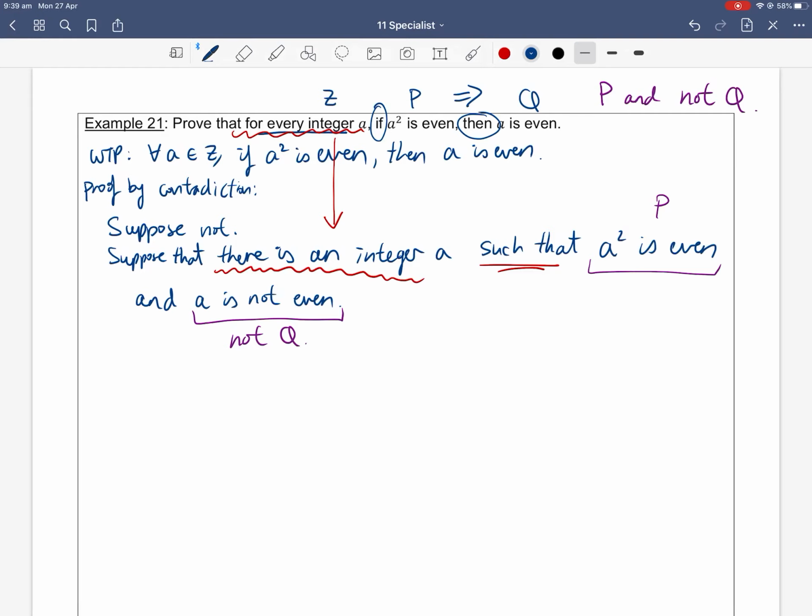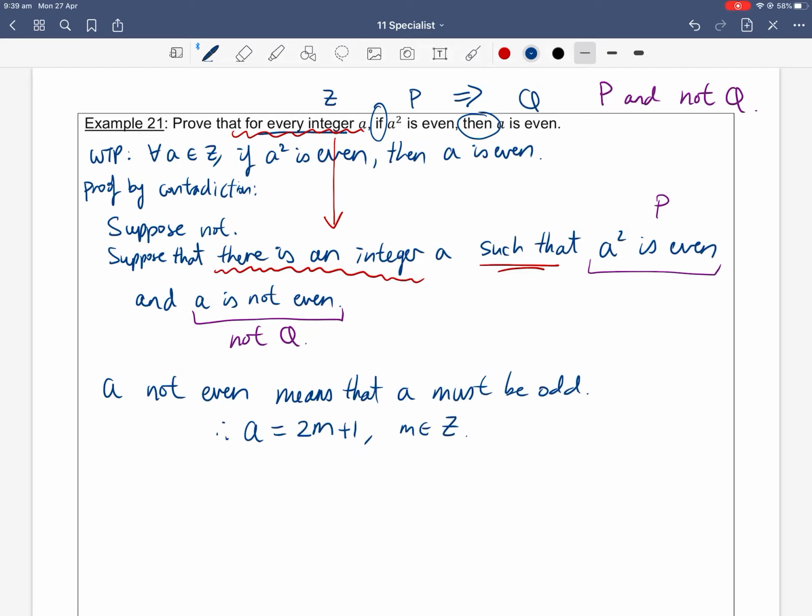We suppose that a squared is even and a is not even. What does it mean for a to be not even? It means that a must be odd, because a number is either even or odd. And we said before, if a number is odd, then it's twice some integer m plus 1, where m is some integer.